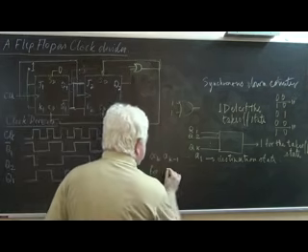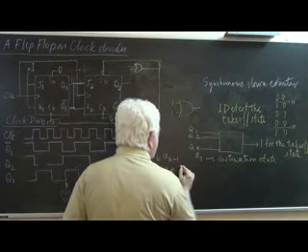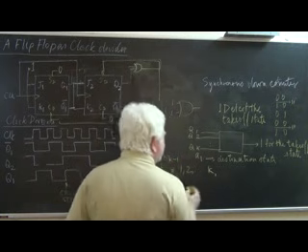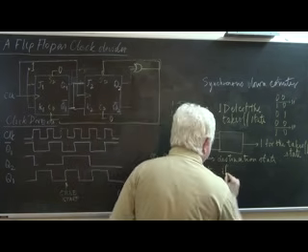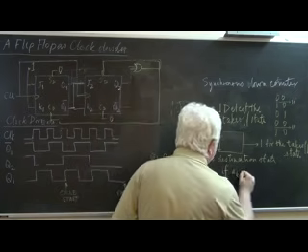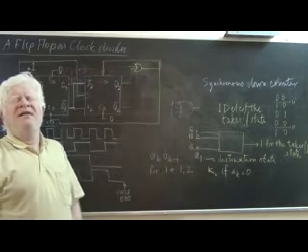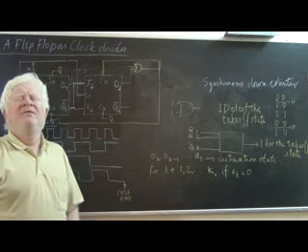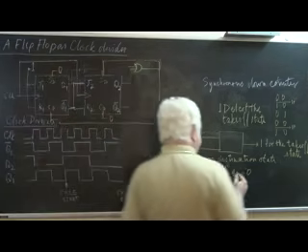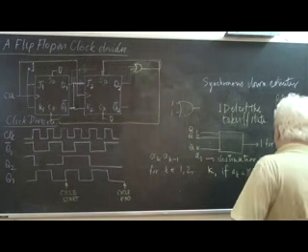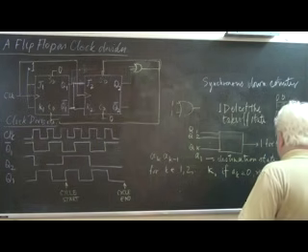So if Ak has to be 0, thus for example, let's say for k in 1, 2 to K, if Ak equals 0, then the kth flip-flop has to be reset. Reset the kth flip-flop.